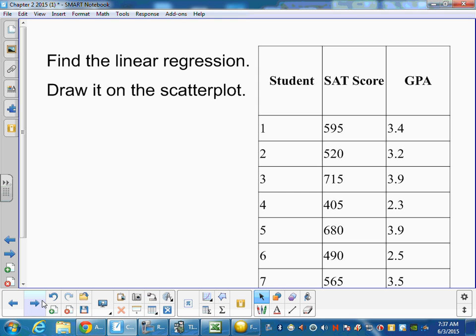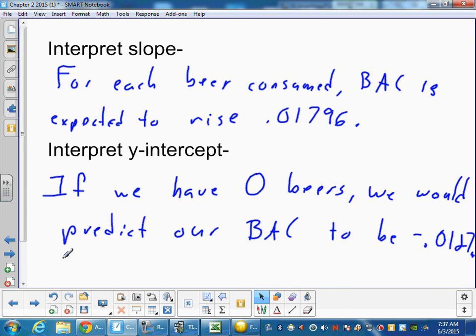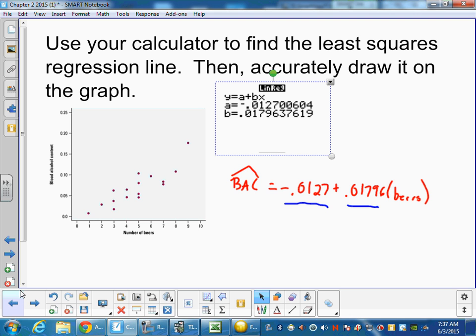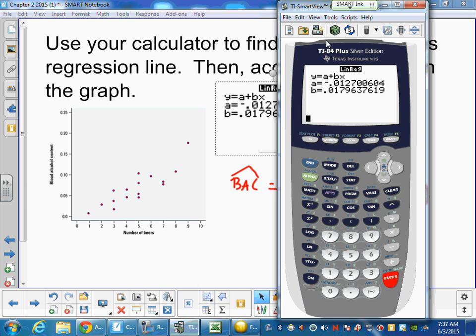All right, now here's that data that you had before. I want you to find a linear regression and draw it on a scatter plot. Ooh, I forgot to draw it. Before we move on, to draw this on a scatter plot, there are two things that we need to do. We need to put 2 points into the equation and find out where they're going to end up.